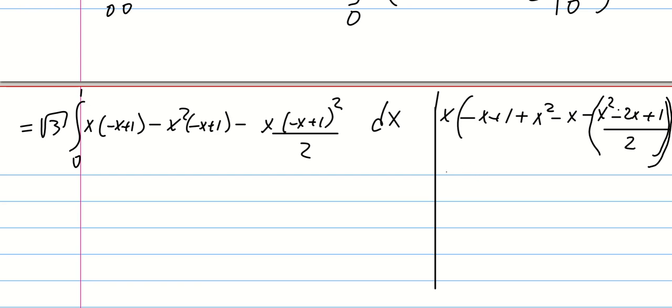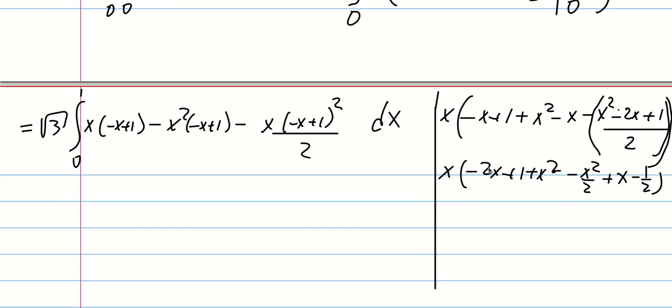Alright, so what do we have? We have x times negative x, and negative x is negative 2x. Alright, negative 2x. So then we have 1, we have x squared. Then this minus we distribute through, so it's negative x squared over 2 plus 2 and 2 goes away plus x, and minus 1/2.